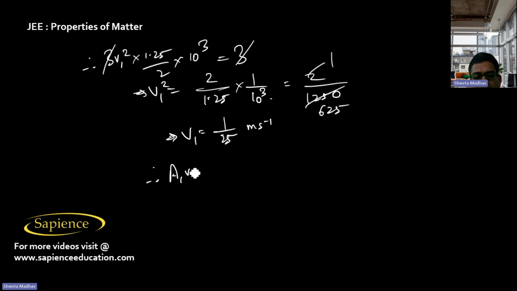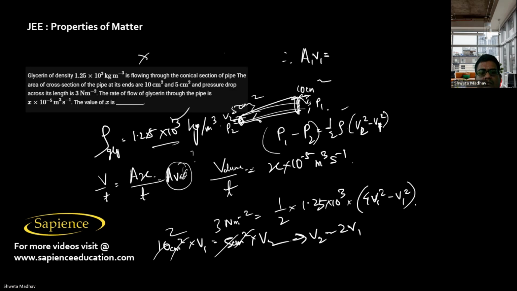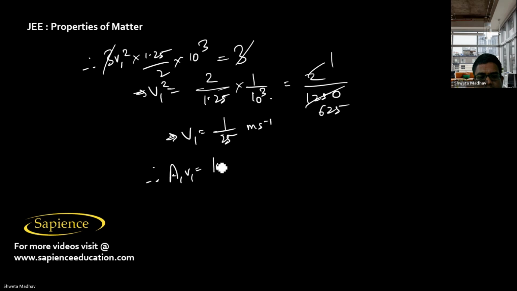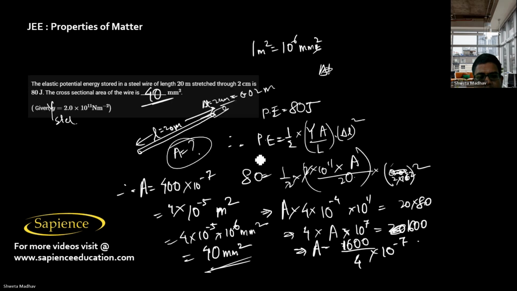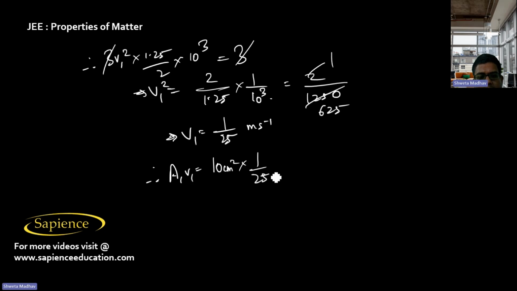Now A1 is 10 centimeters square, and V1 is 1 by 25 meter per second. 1 centimeter square is 10 power minus 4 meter square.